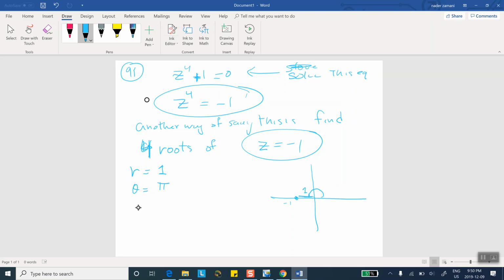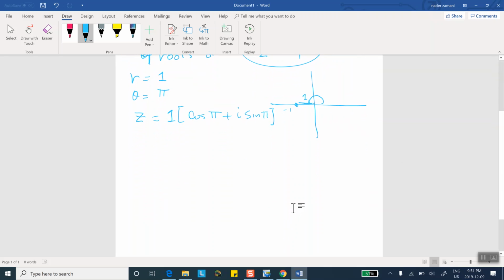So my complex number, which is -1, can be written as 1 times cosine of pi plus i sine of pi. Okay? Now we know the four roots are like that.